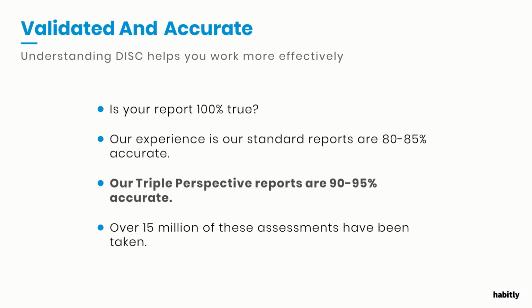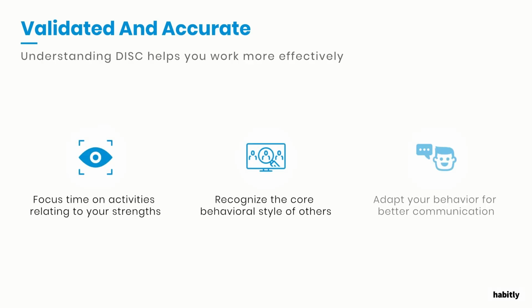And so usually those reports are about 90 to 95% accurate. Keep in mind, they're still making general statements. But one of the keys here is over 15 million of these assessments have been taken. And I'm talking about assessments provided by our partner. So very, very validated.